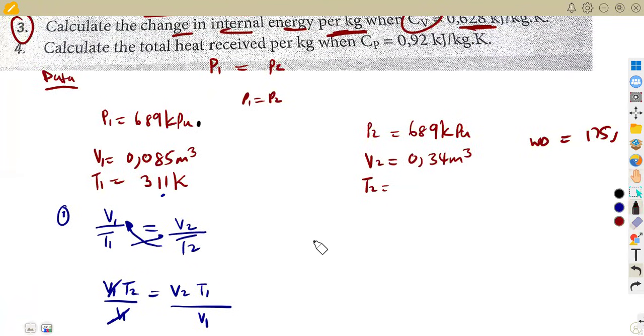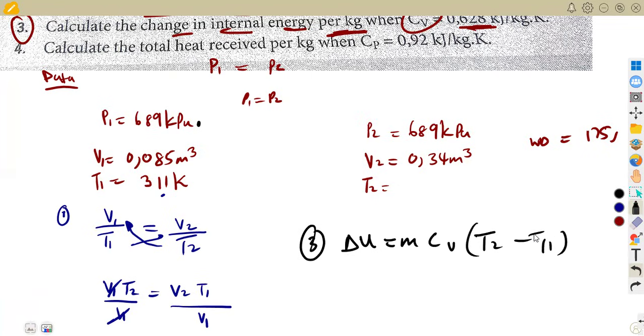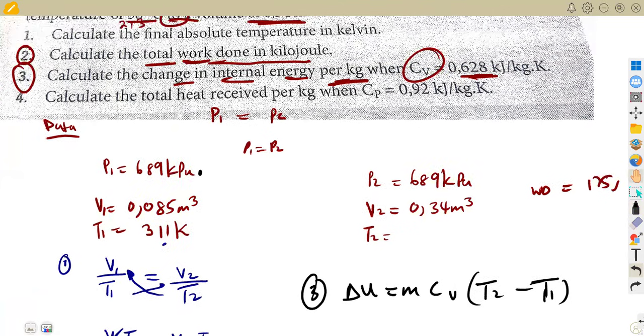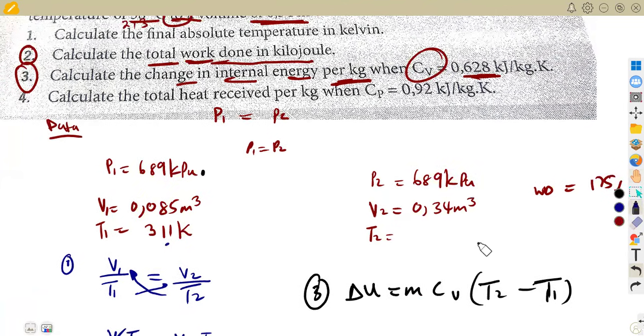Like I said, the change in internal energy is given from the mass times the specific heat capacity at constant volume times the change in temperature, T2 minus T1, from that formula that I wrote there. But here we are supposed to get our answer in kilojoules, and they want us to find this per kilogram of the mass, per each kilogram.